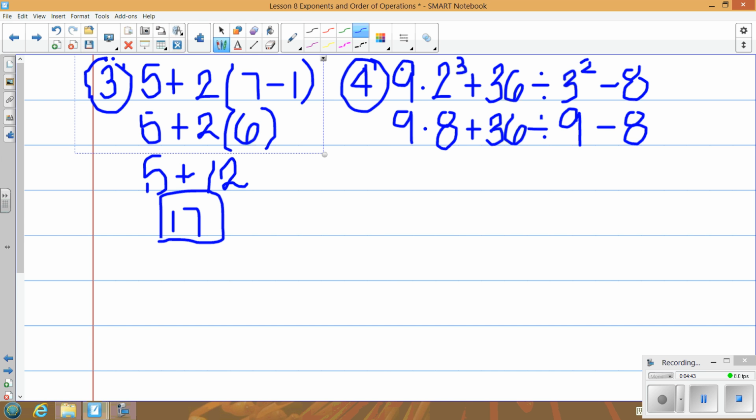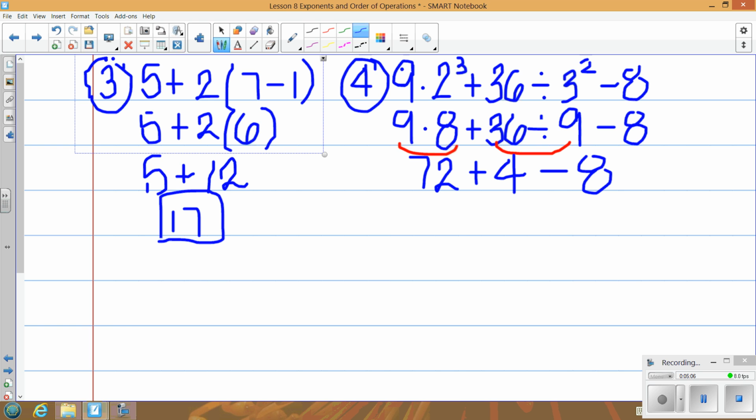So parentheses, exponents, multiplication, division. So we have multiplication up front here. And then we have division. So let me underline this. So I'm doing this, and then I'm going to do my division. So 36 divided by 9, we get 4, and then the minus 8 is going to come last.